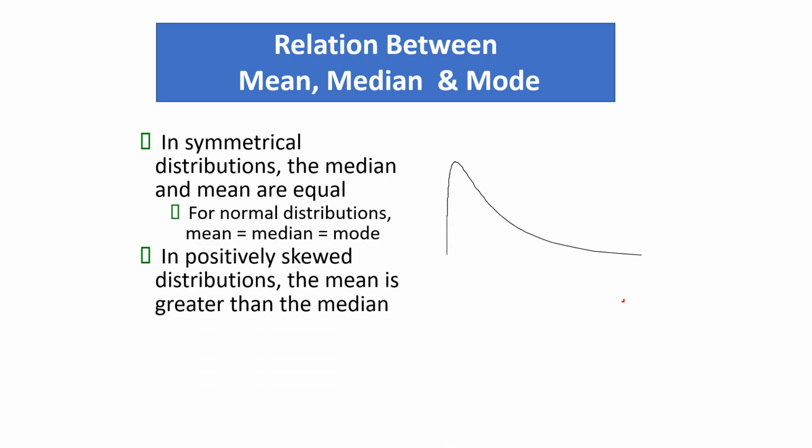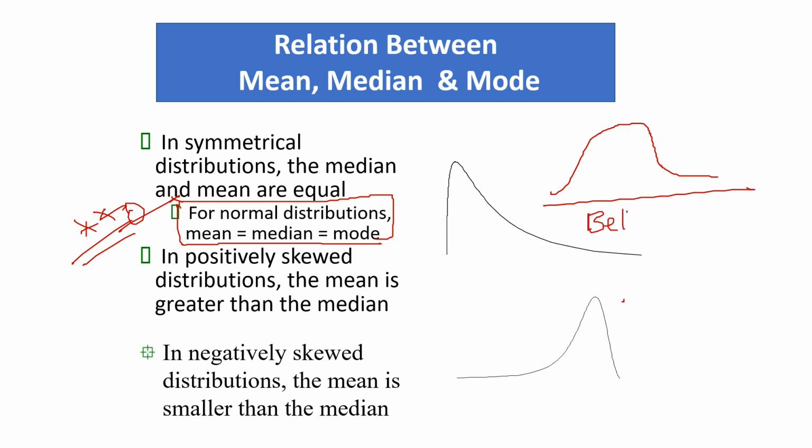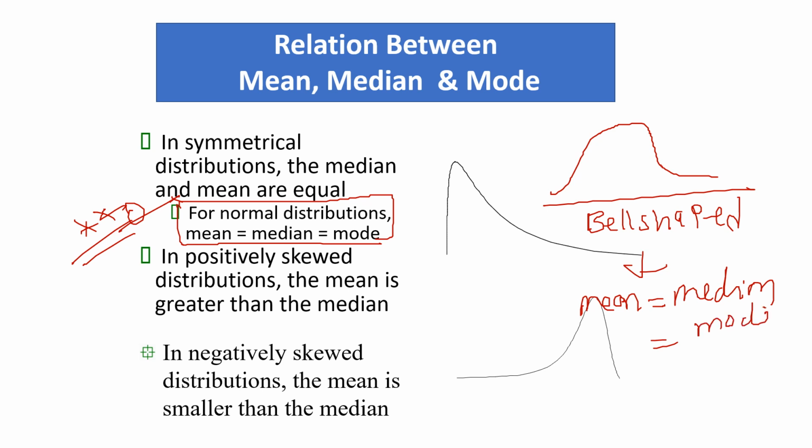Now very important, relationship between mean, median and mode. For normal distribution, please remember this point. Mean, median and mode all are equal in case of normal distribution. As we know that normal distribution is bell-shaped curve, and here mean, median and mode all are equal.